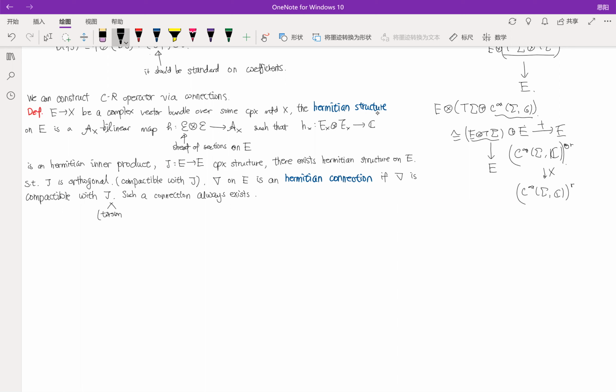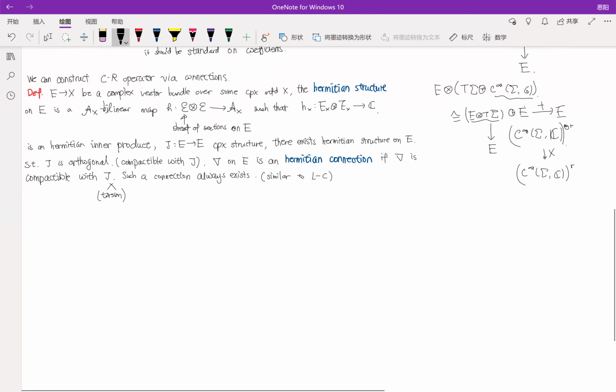But such a connection always exists, because we just write local coordinates and then we solve linear equations. In this case, it is not necessarily unique, but we know that when we introduce a holomorphic structure, then there is a unique connection. So we do not meet with holomorphic vector bundles here.